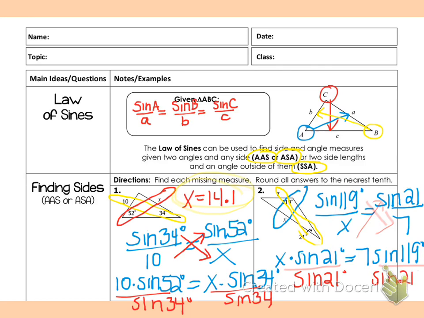Again, we just have to go to our calculator: 7 times the sine of 119, and then divide by the sine of 21. That turns out to be about 17.08, so about 17.1 is the value of x, approximately.